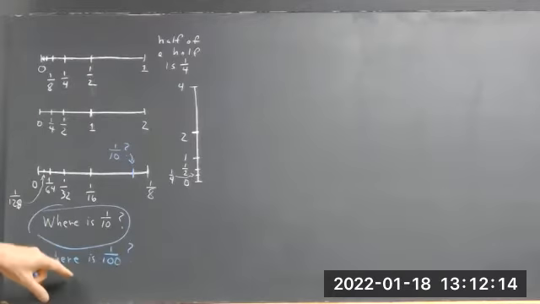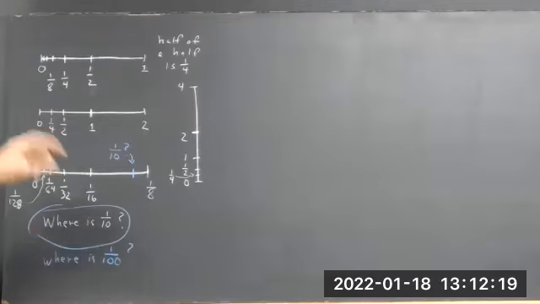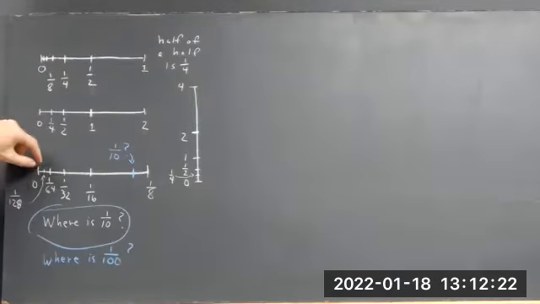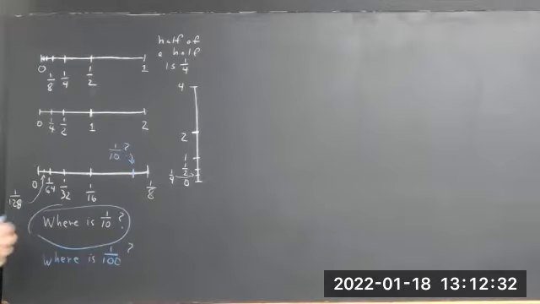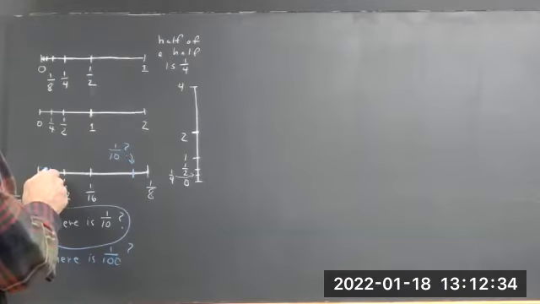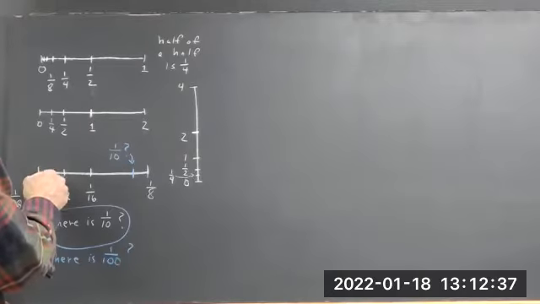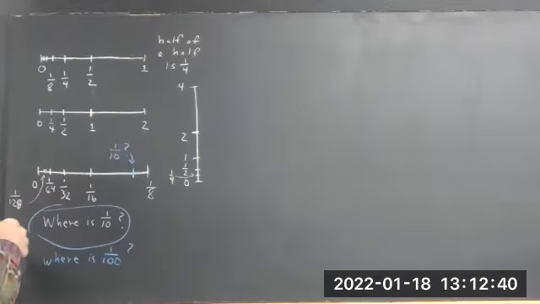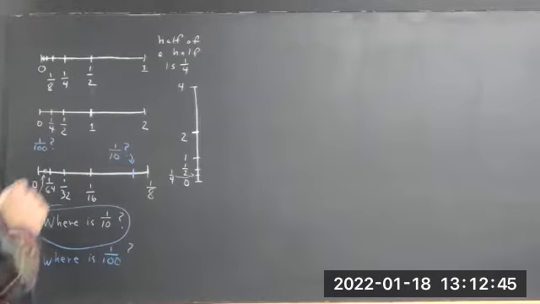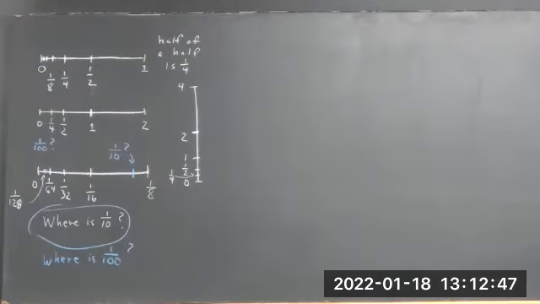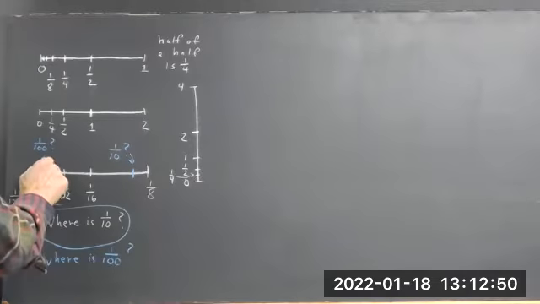So 1/100 is a little more than 1/128 because, of course, you only need 100 of these to make one. You need 128 of these to make one. So between 1/64 and 1/128, we're going to find 1/100th. It's going to be somewhat closer to 1/128 than it is to 1/64. We won't worry about exactly how much closer. We're just trying to indicate this on a graph. I'm going to say maybe it's here. Okay. So that might be 1/100th.